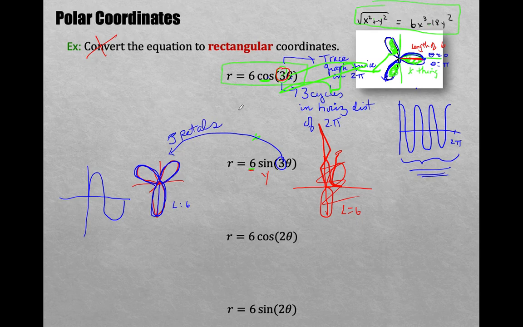Play around. What happens if you do make this negative 6 sine 3 theta? Okay, it's the opposite of what I thought. Okay, that's slightly annoying. That negative 6 sine theta kind of goes in the positive y direction, but whatevs.